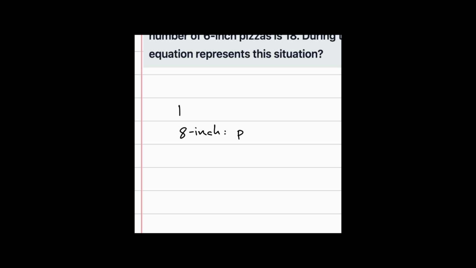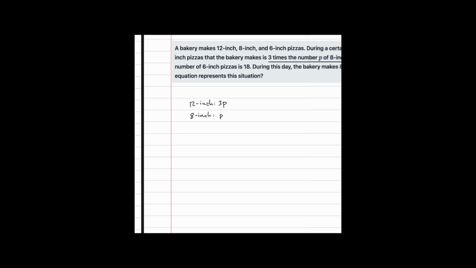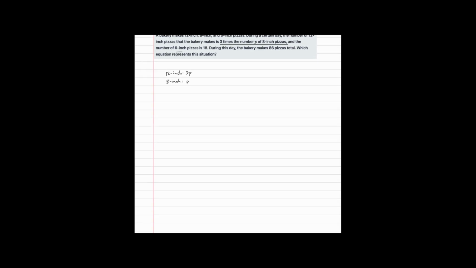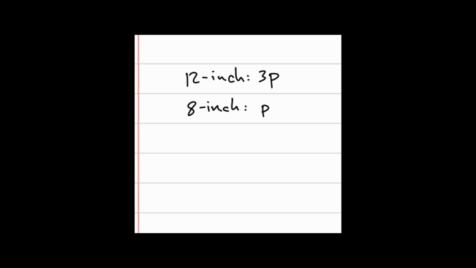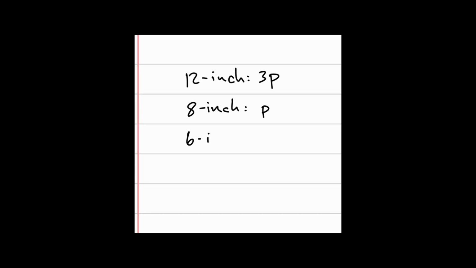So 12-inch pizzas should be 3 times P, or 3 times the number of 8-inch pizzas, and the number of 6-inch pizzas is constant, it's just 18, right? So 6-inch pizzas is just 18.